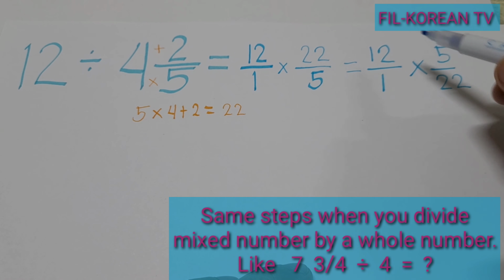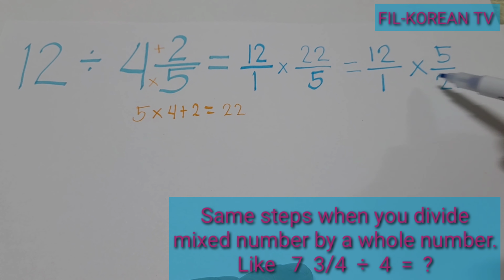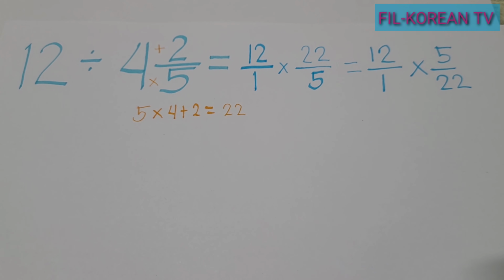Next step, multiply the numerators, multiply the denominators. Use cancellation method if possible. Okay, dito pwede natin gamitin ang cancellation method. Yung 12 at saka 22, parehong even numbers, meron itong other factors maliban sa 1.